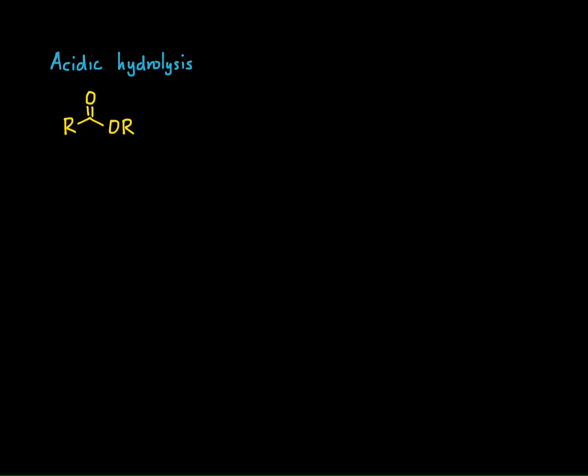The first thing is that you take the ester, and of course if we're in acidic conditions, we're talking about hydrolysis, which means that you're hydrolyzing the ester to a carboxylic acid. So this is done in water, hydrolysis in water, using an acid. And as our acidic source, we could use the hydronium ion.